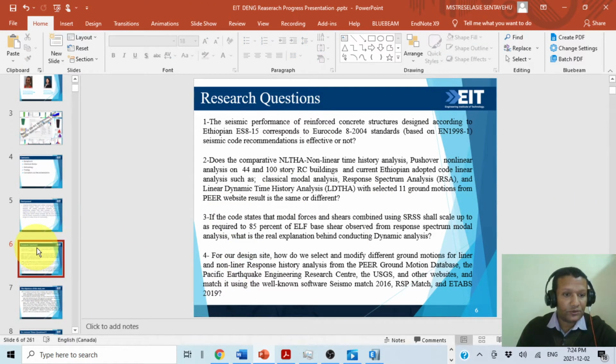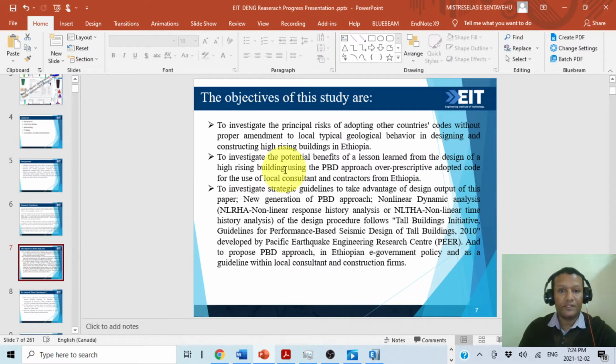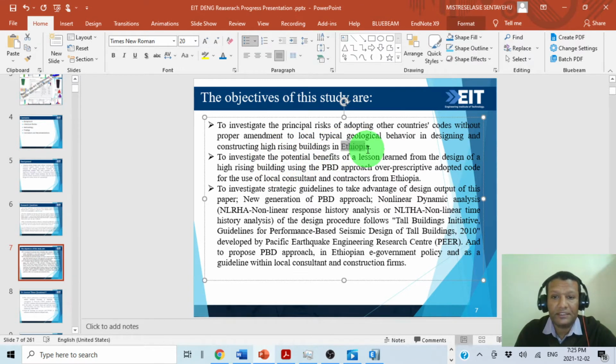Okay, let's continue. The objectives of this study are to investigate the principal risk of adopting other countries' codes without proper amendment to local typical geological behavior in designing and constructing high-rise buildings in Ethiopia. Now I say Ethiopia, but it applies all over the world.